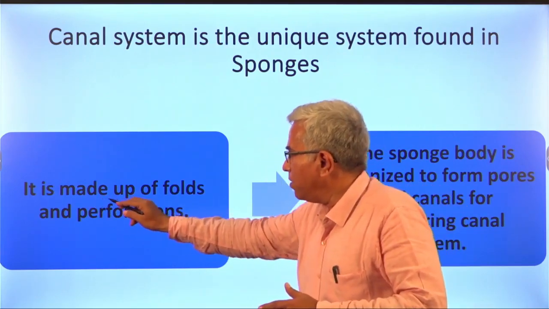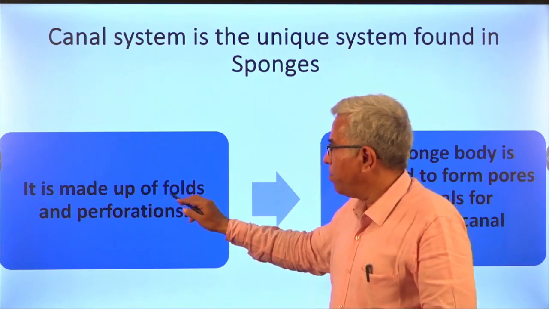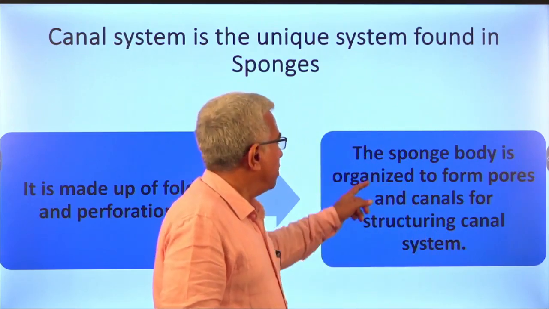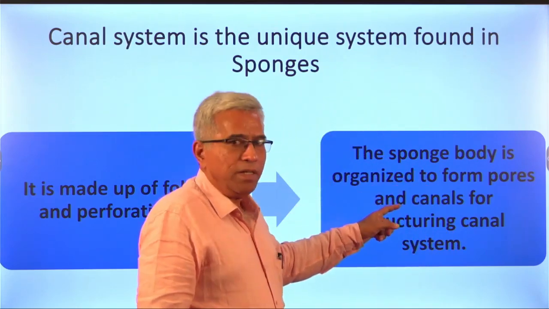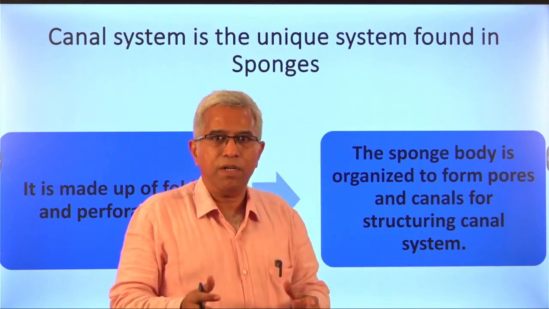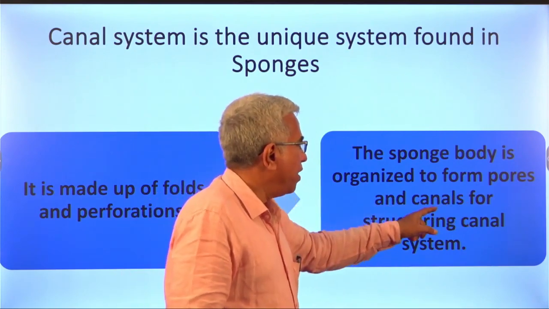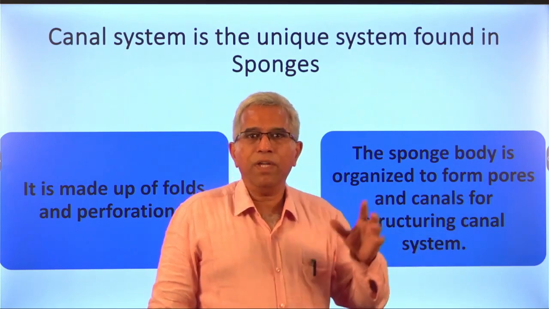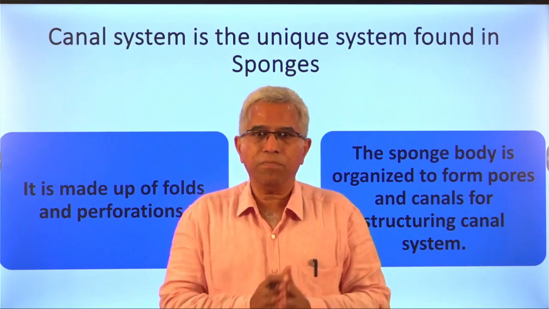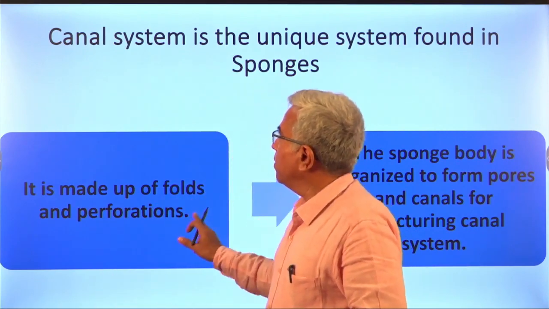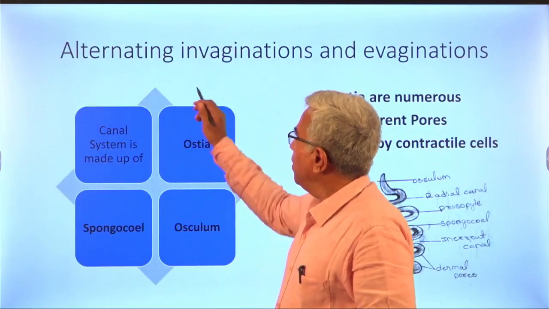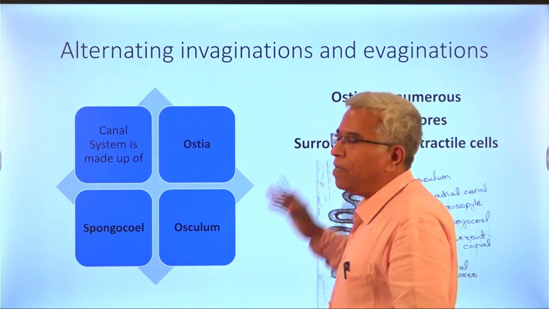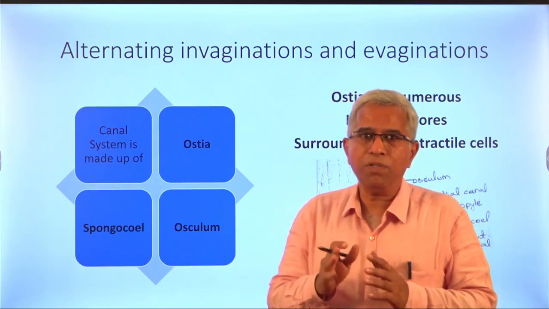The sponge body is organized, that means it is structured to form pores and canals. These pores and canals constitute a unique system called canal system. Alternating invaginations and evaginations result in the formation of certain chambers.